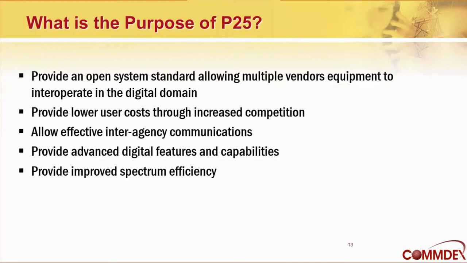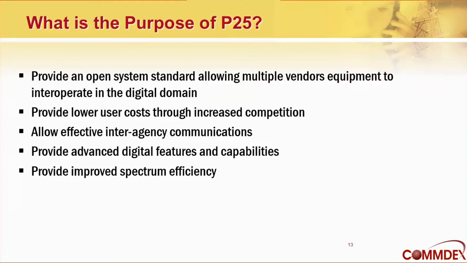Also, it provided competition, which drives costs down, allows better interoperability, so that this county system can talk to that county system, which can talk to the state system, which can talk to the federal system, which can talk to national systems, and they can all interoperate. It also provided improved spectrum efficiency relative to the analog predecessor.